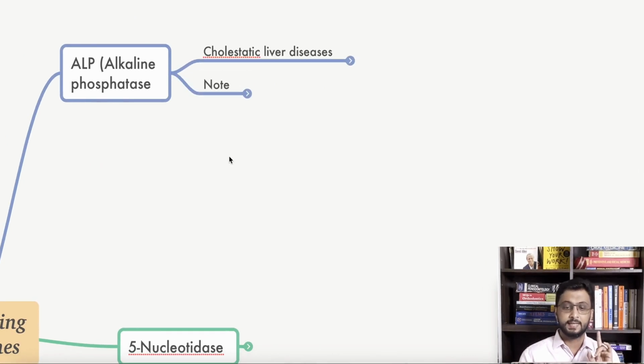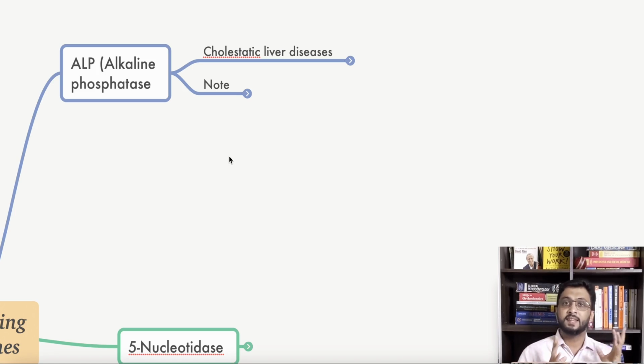Please note, ALP, alkaline phosphatase, though increased. Now I can give a lecture where I add these enzymes to any liver disease. ALP is raised in this list of liver diseases I can give you, but this will not help you to crack NEET. This is what people in first, second, third year and final year have to understand.